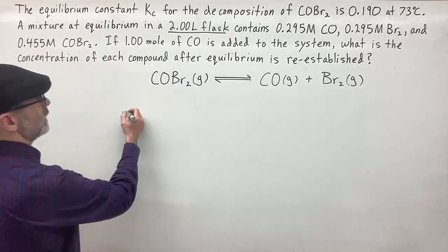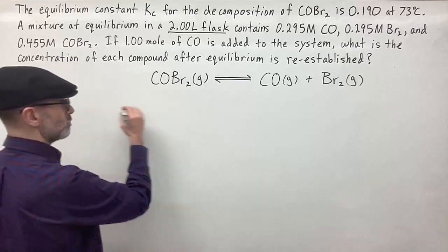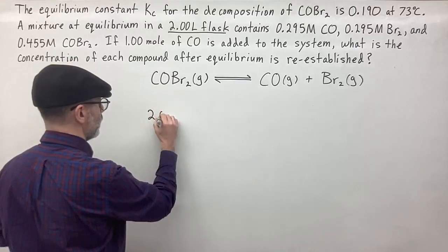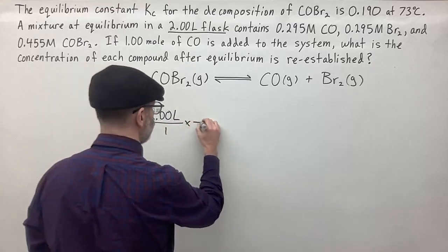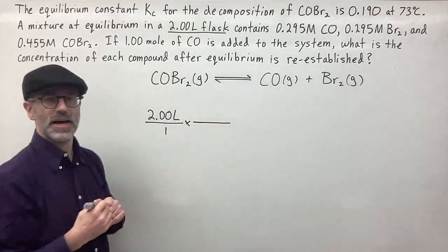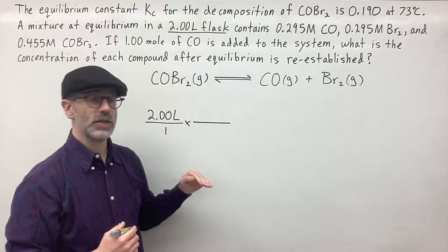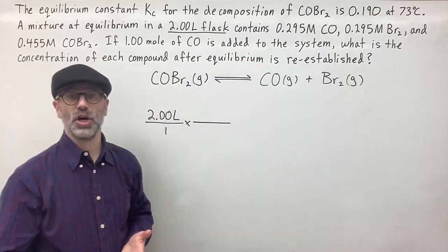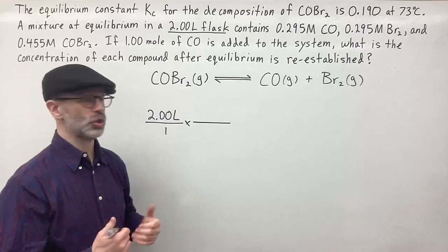So here we're going to take the 2.00 liters of the flask over 1. I can use the molarity as a conversion factor since we know that molarity is moles over liters. So I have 0.295 molar CO. So that means I have 0.295 moles per liter.